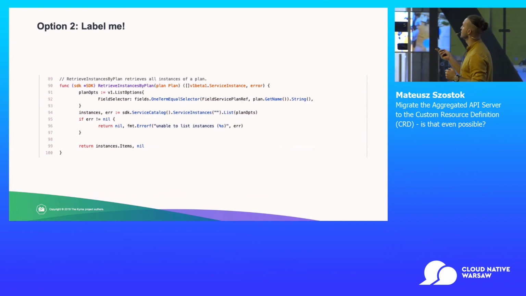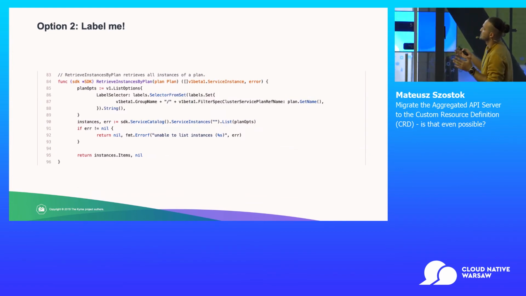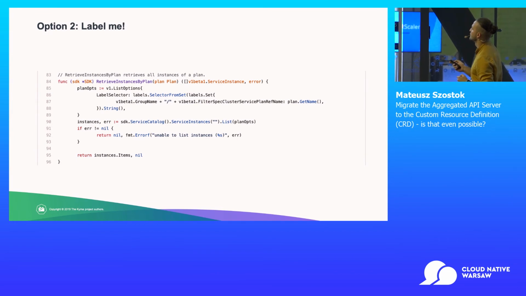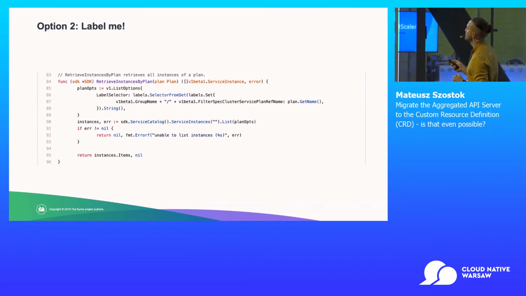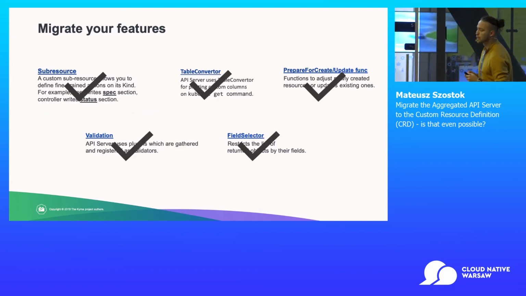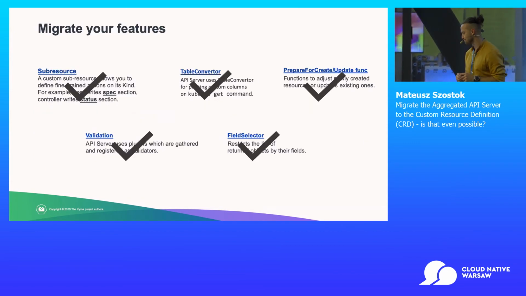It was easy, and right now it is almost the same logic, because we have a label selector. We have a key with the name of that label and the value of that label, and we have the same interface here. We didn't change anything. So it was really good enough for us.